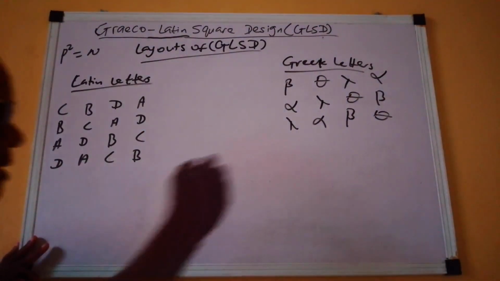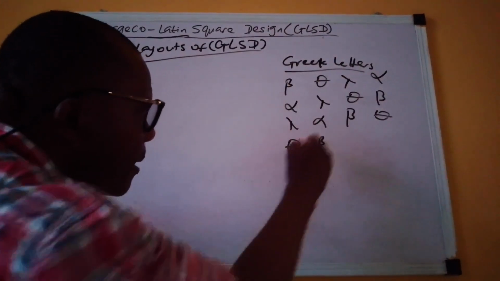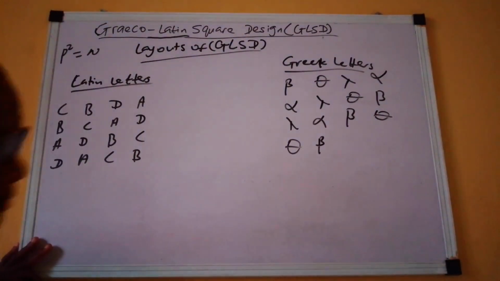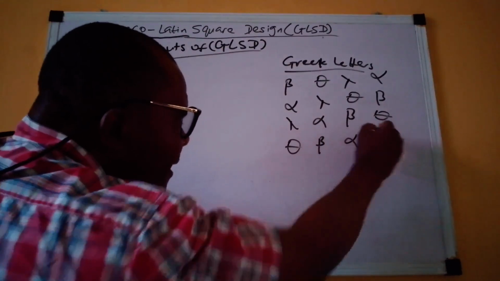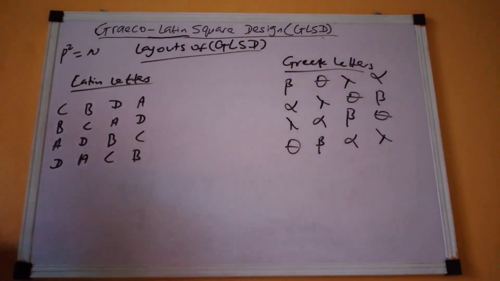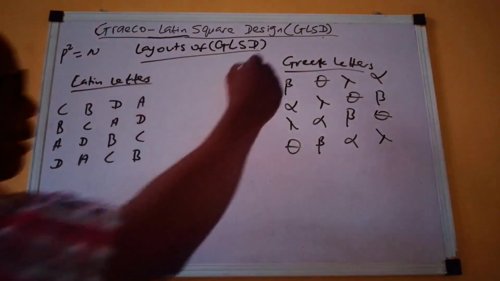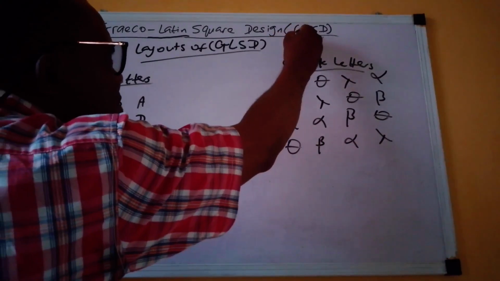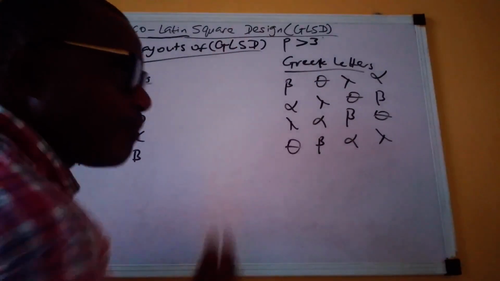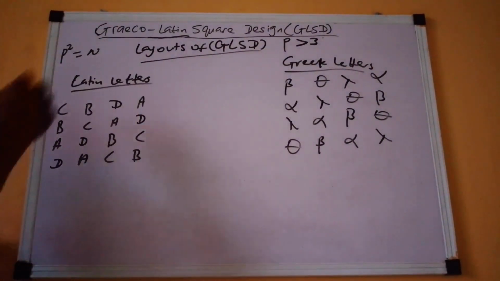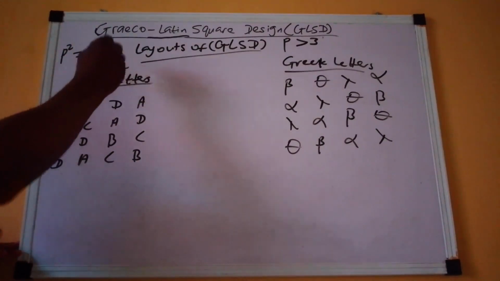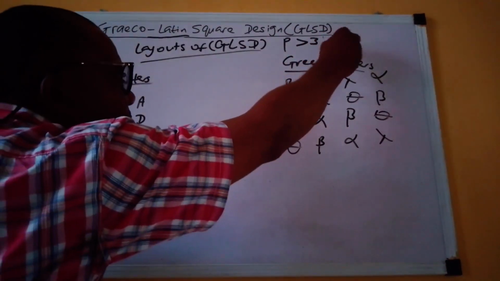Then we have theta, beta, alpha, and lambda. One thing you need to understand about the Greco-Latin square is that our P must be strictly greater than 3. So you cannot do, this one is a 4 by 4, this one is a 4 by 4.